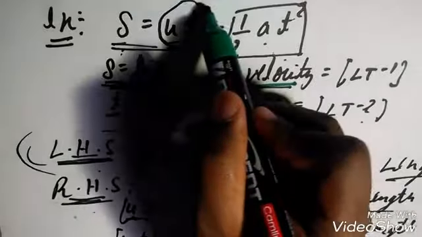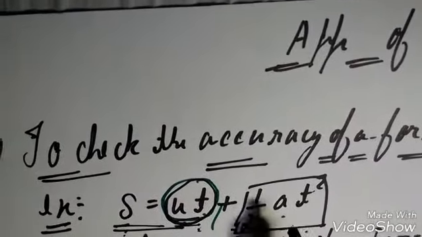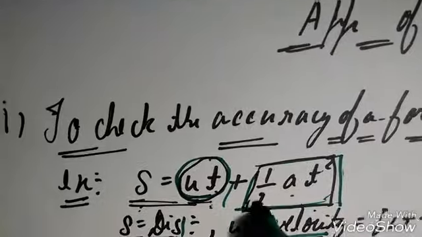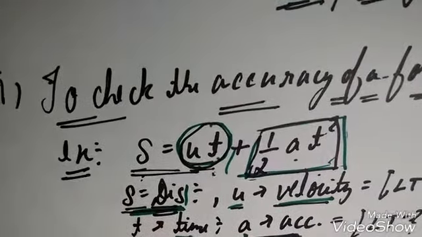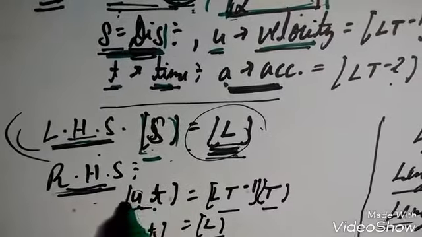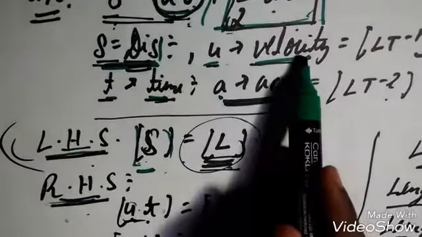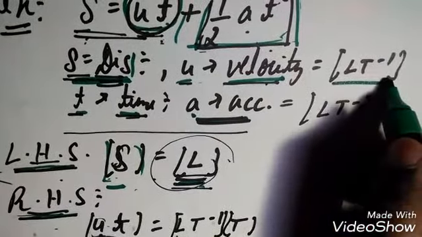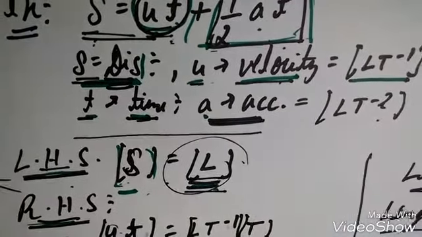Firstly, we will check the dimensions of ut, and secondly we will check the dimensions of half at square. In the right hand side, ut has u as it is a velocity. Velocity has a dimension formula of LT minus 1. It is written here LT minus 1.